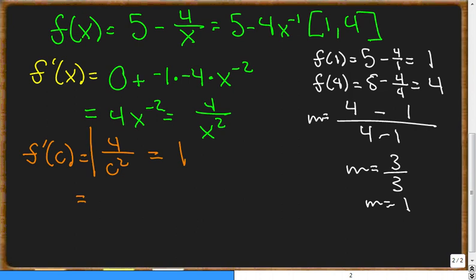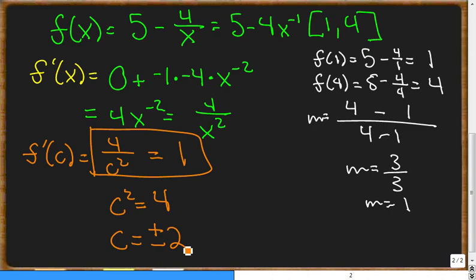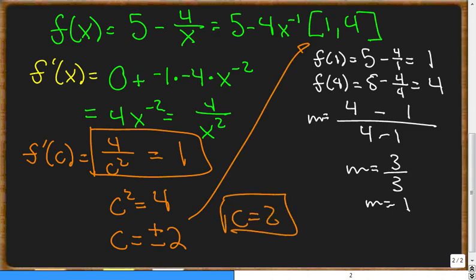So 4 over c squared equals 1, which means that c squared would have to equal 4, which means that c would be positive or negative 2. Since we're only in this interval here, we're going to say c is 2. And so that guarantees that there is a point in between the two points that works.